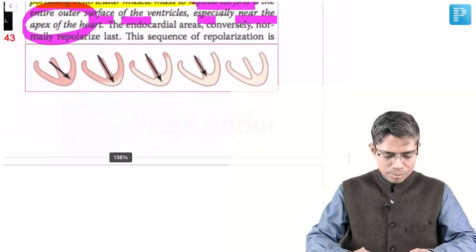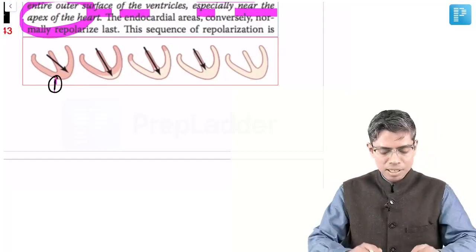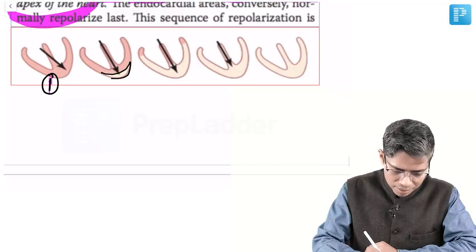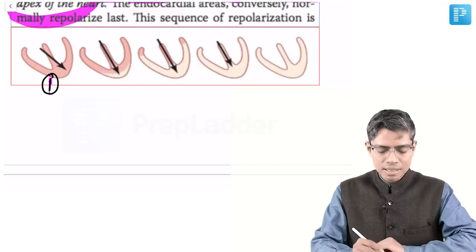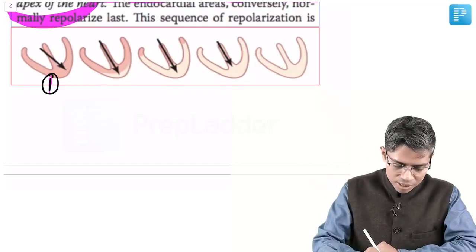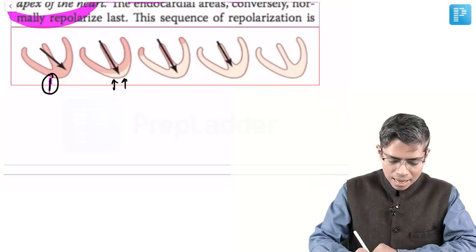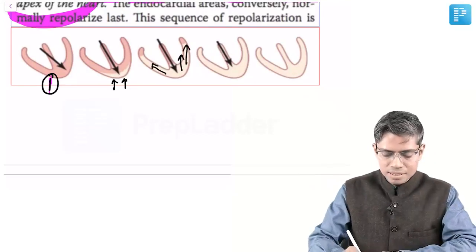So you look at this diagram below. This first diagram indicates that the ventricle is completely depolarized. Look at this color, the ventricle is completely depolarized, pink color. Now you look at this whitish area, this is the starting of repolarization. You can easily find out that repolarization is starting here in the apical portion, the epicardial, and then this whitish area is spreading towards the basal region of the heart.